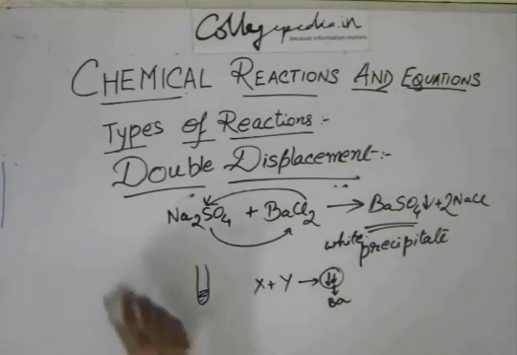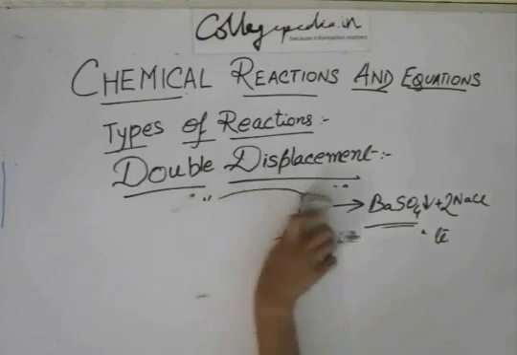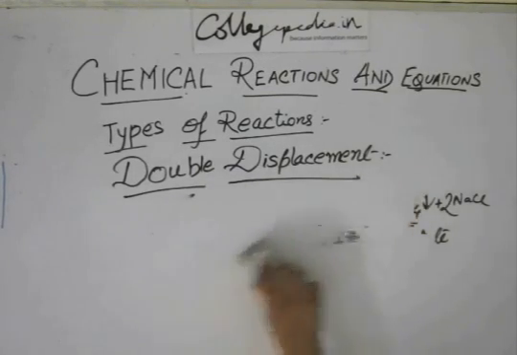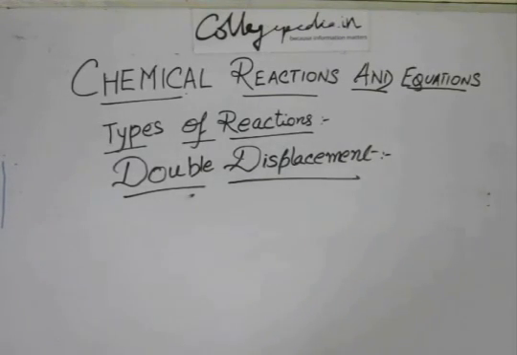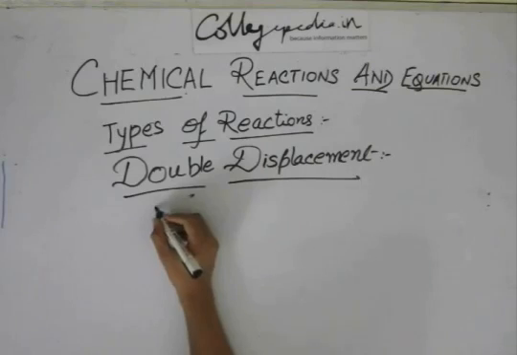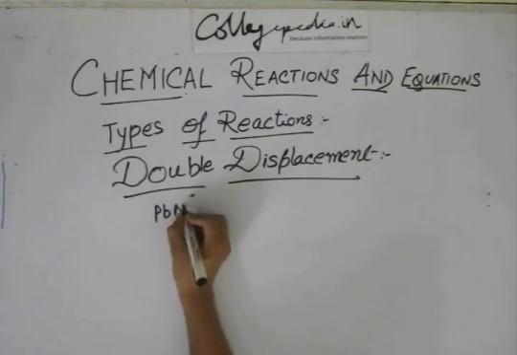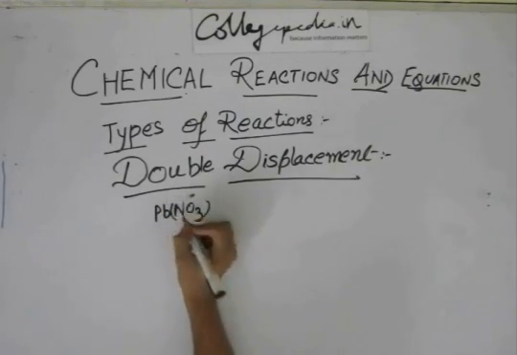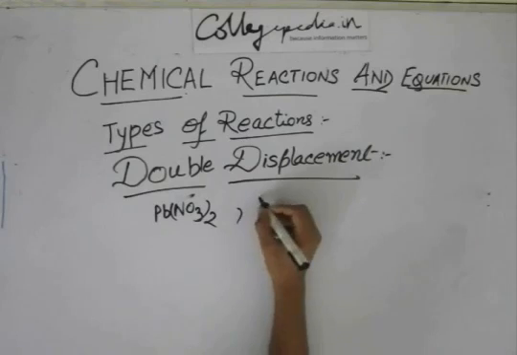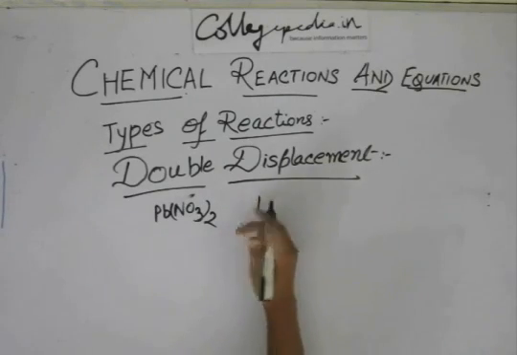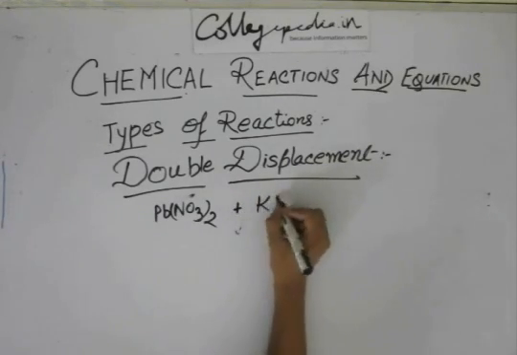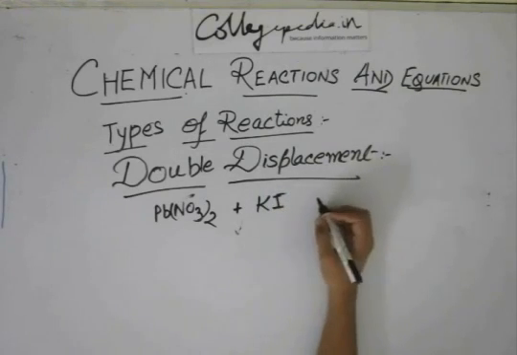Now there are other colored precipitates also, like they may ask you about this reaction. A lead nitrate solution was there, and a potassium iodide solution was there, and they were mixed, and there was a precipitate.